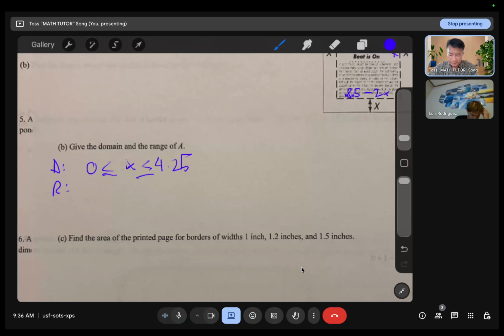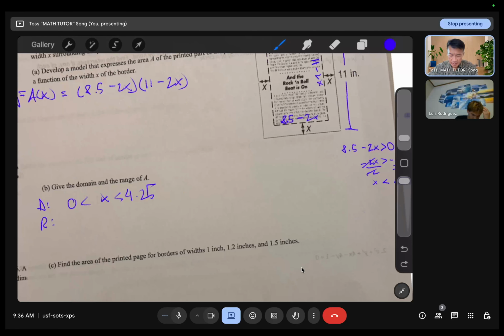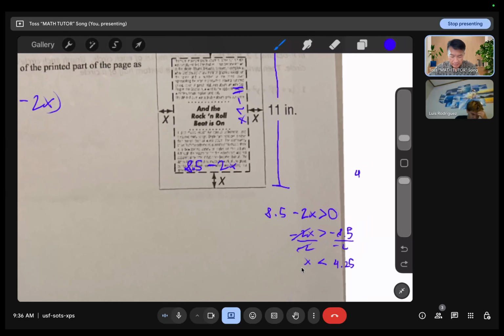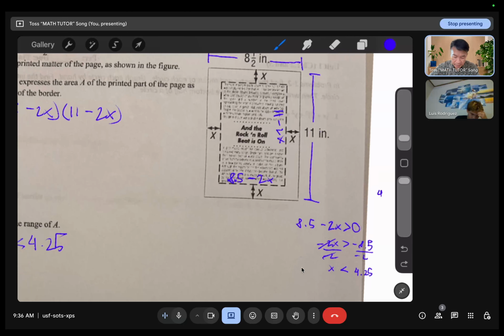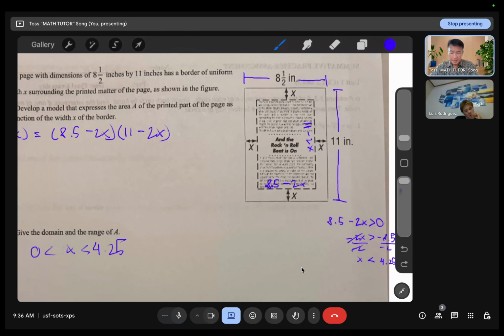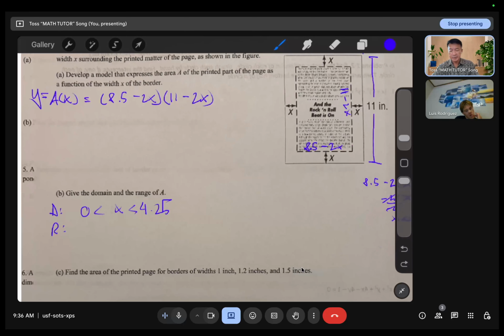Do I include 4.25? Technically you cannot include 0, because if I put 0 here, that means you're going to get 8.5 fully. But that 8.5 is not in the area. Anyway, you can ask your teacher about it.